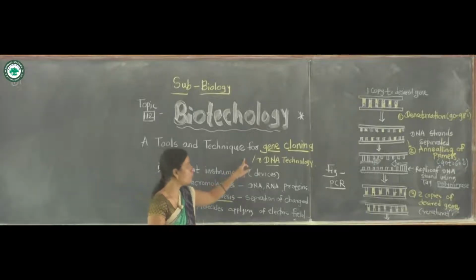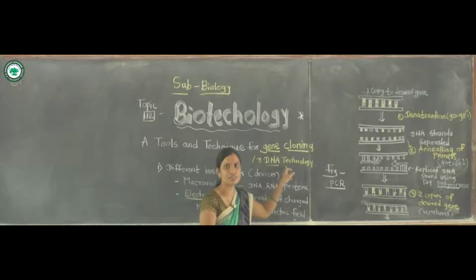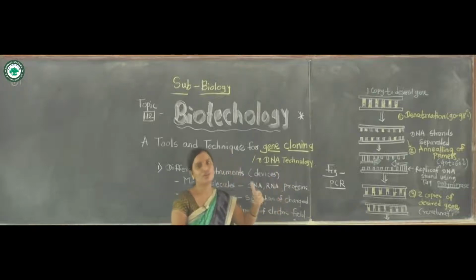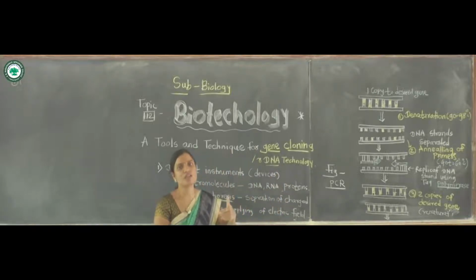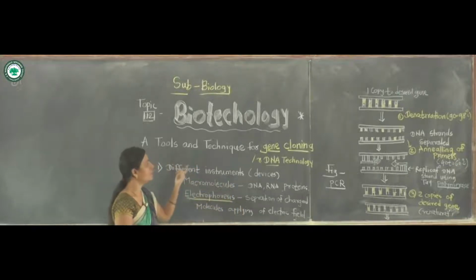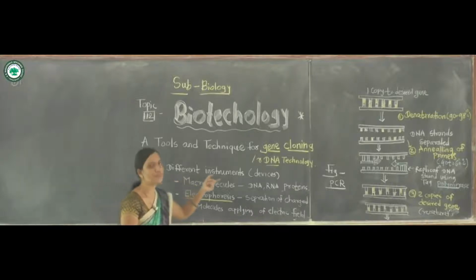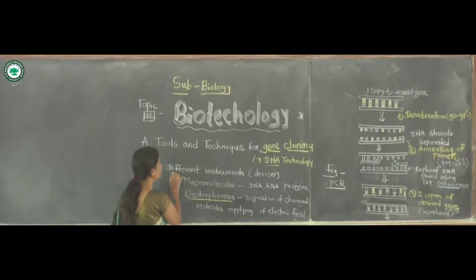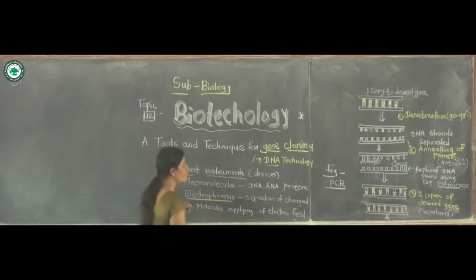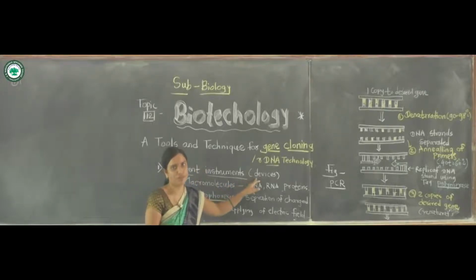Gene cloning or rDNA technology means manipulating the gene, where genes are inserted from other cells and new genes are synthesized. These techniques involve different instruments or devices used for this technology.